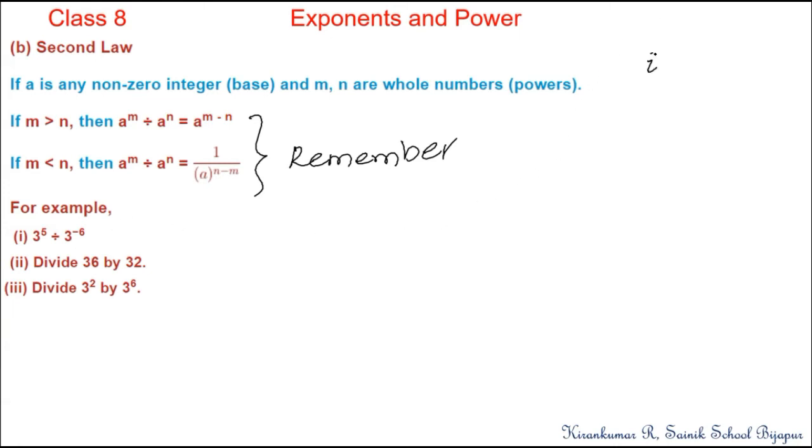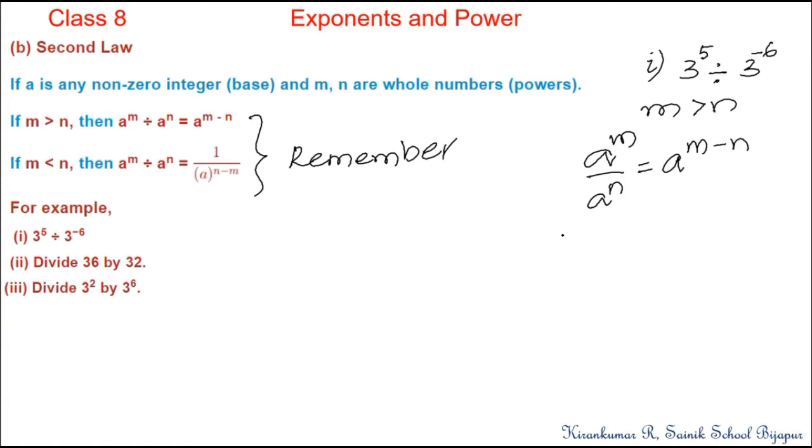To begin with the first one, 3 raised to the power 5 divided by 3 raised to the power minus 6. Clearly m is greater than n. In such cases, a to the power of m divided by a to the power of n is a to the power of m minus n.